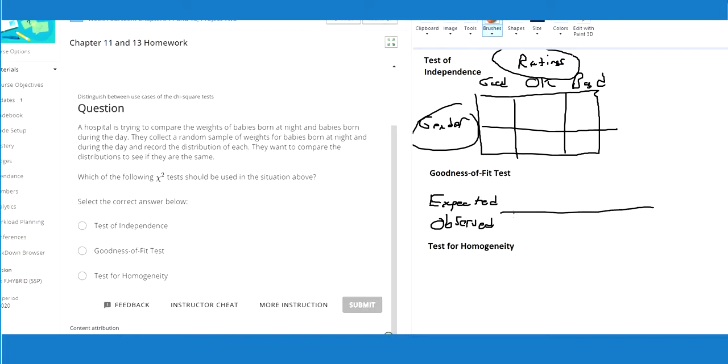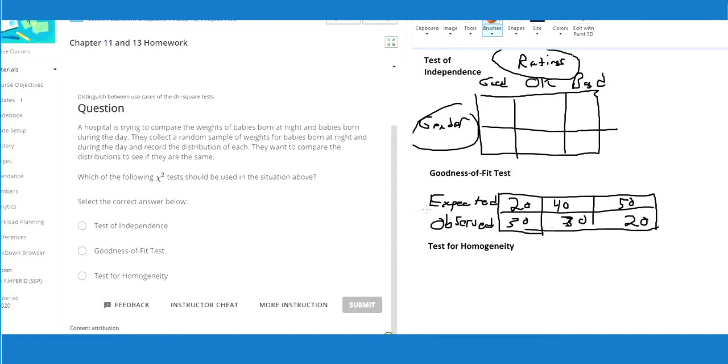So again, you could put these in columns. That might make it confusing with the test of independence, but just remember, the difference is the goodness of fit test is comparing some expected amount to some observed amount. So maybe, based on some previous theory, you expect to have 20 of some variable one day, 40 of them another day, and I'm just keeping it simple here. We actually get 30 one day, 30 another day, and 20 on the third day.